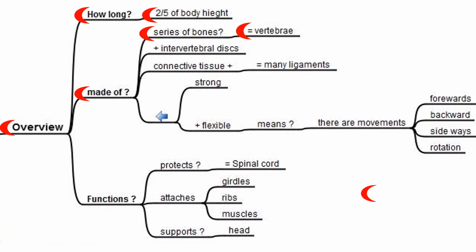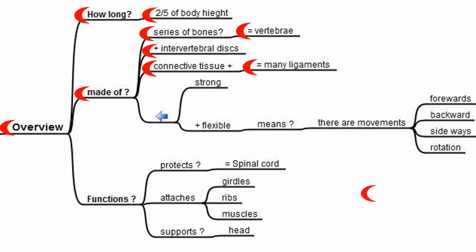Is that all the vertebral column is formed of? The answer is no. It also has intervertebral discs connecting the vertebrae with each other, plus connective tissue. Lots of connective tissue is present around the vertebral column, and it also has many ligaments.